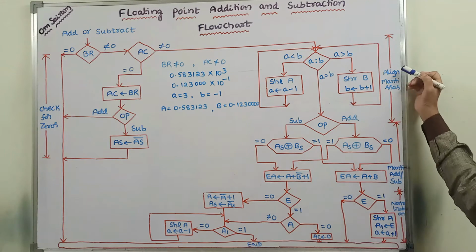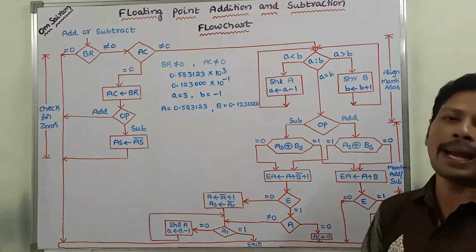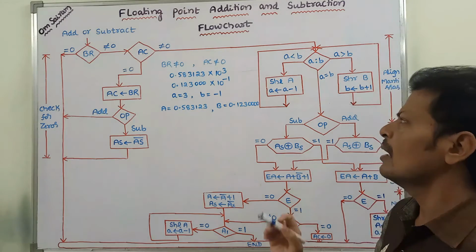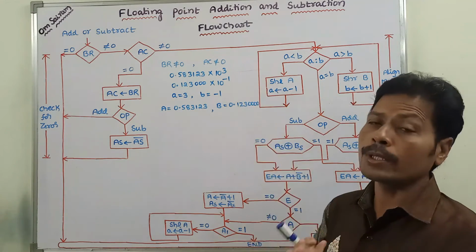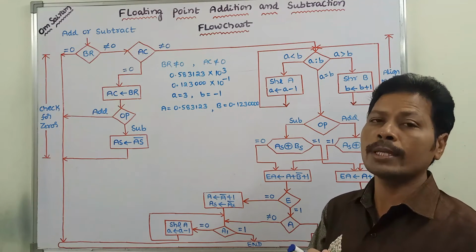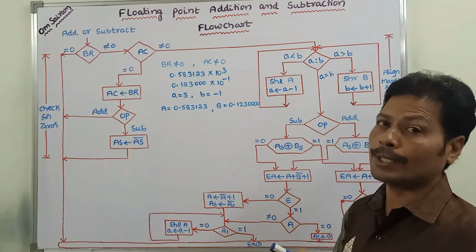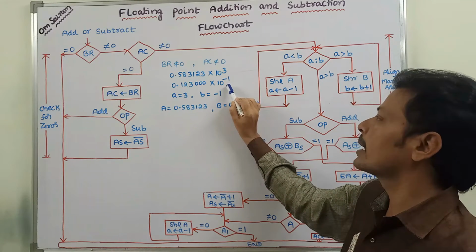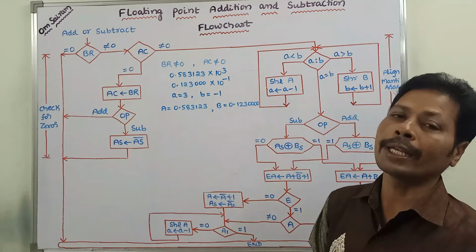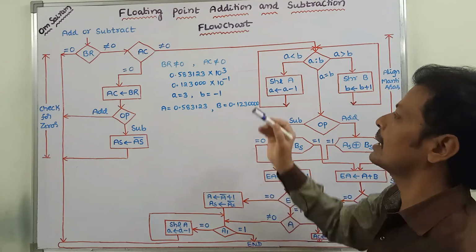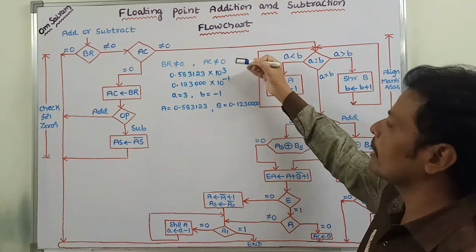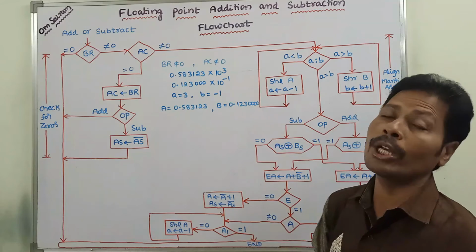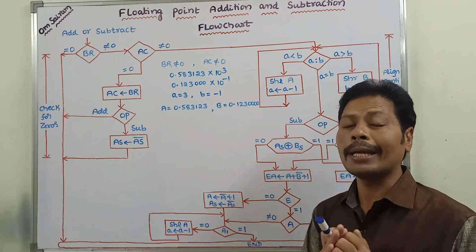That is nothing but alignment of mantissas. Among the two approaches, we use the first approach. So 10 power minus 1 is incremented to 10 power 3, and at that time both exponent values are equal.